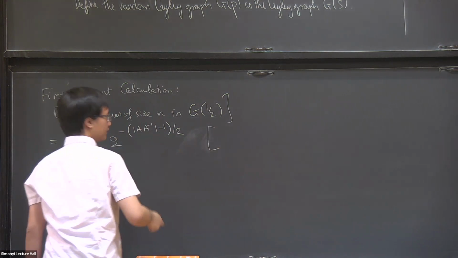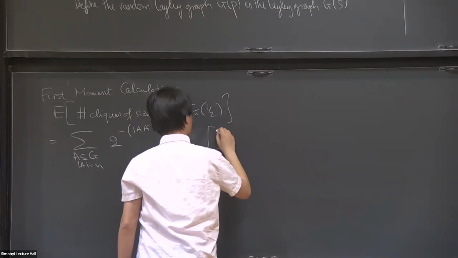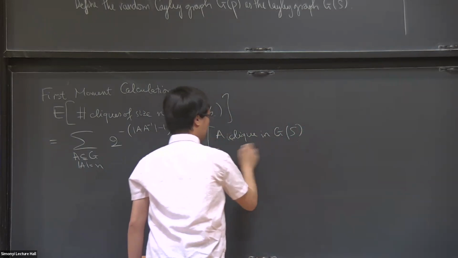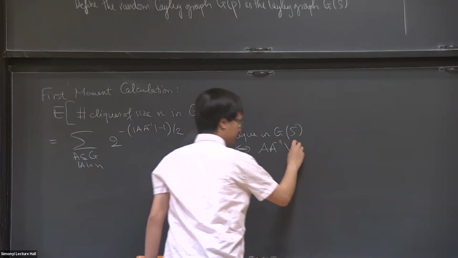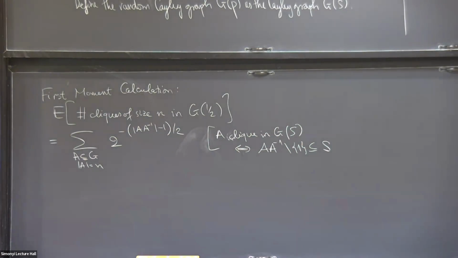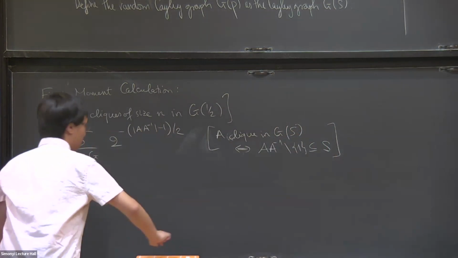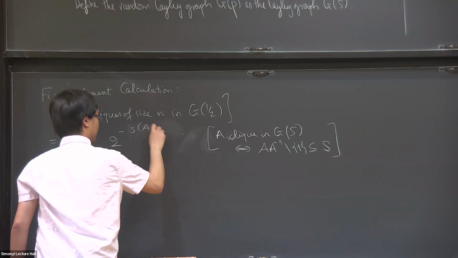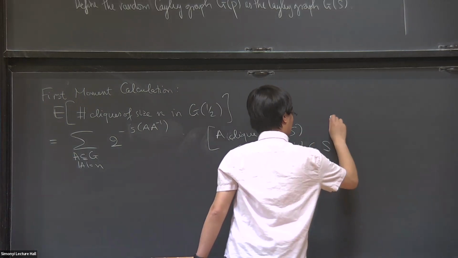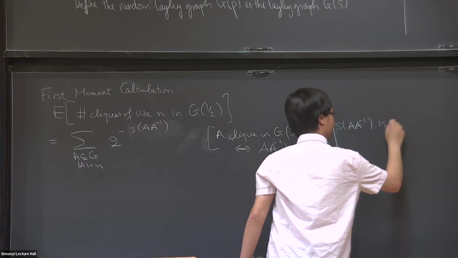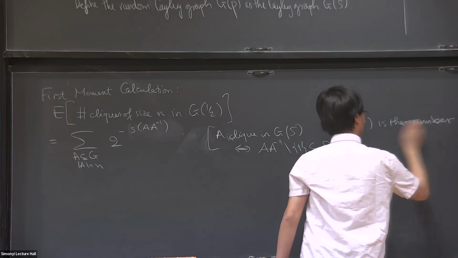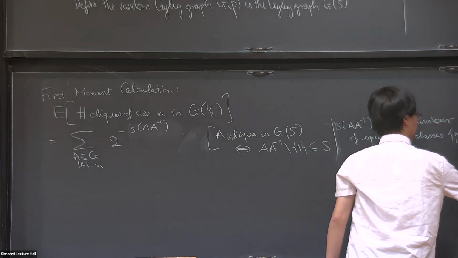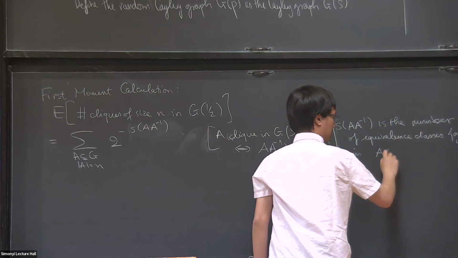The observation that we will use is that, in a group G, A is a clique in the Cayley graph G_S if and only if A times A inverse minus the identity element of the group is a subset of the generating set S. More accurately, let me put here this quantity s of A inverse, where little s of A inverse is the number of equivalence classes of G inverse that are contained in the product set A inverse.